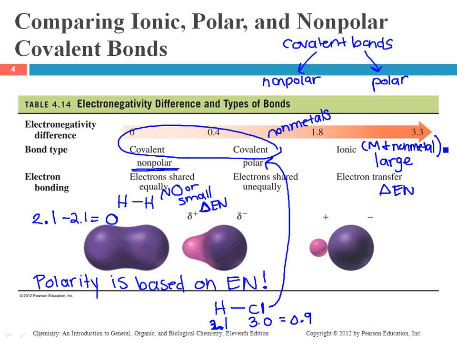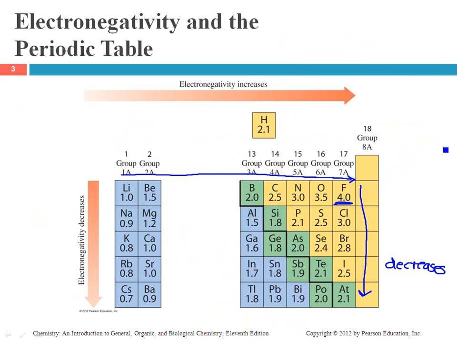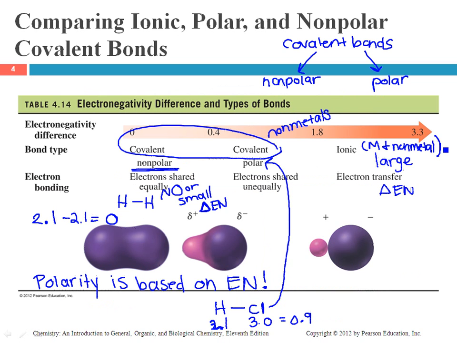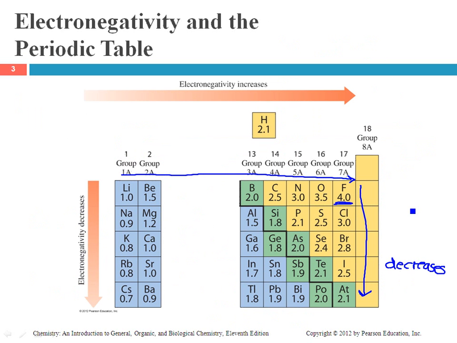If we look back at our periodic table, with Na and Cl, we have a 3.0 and a 0.9, so a difference of 2.1. That is a large difference, which makes it ionic. Another thing that may help when comparing the electronegativity of two atoms: the further away they are from each other, the larger the electronegativity difference.